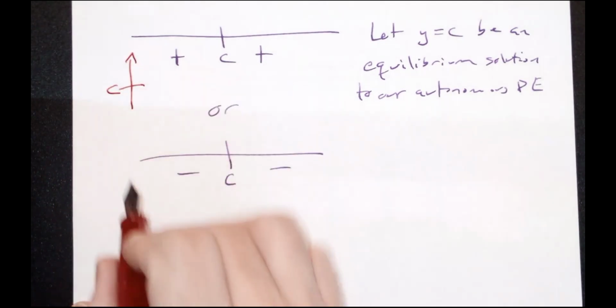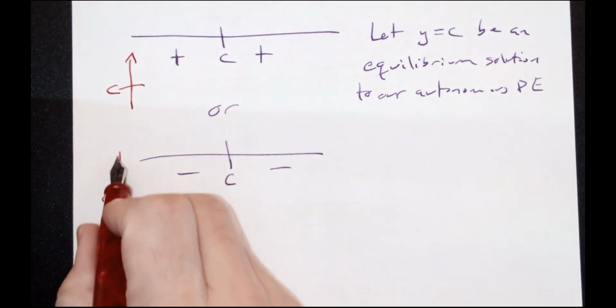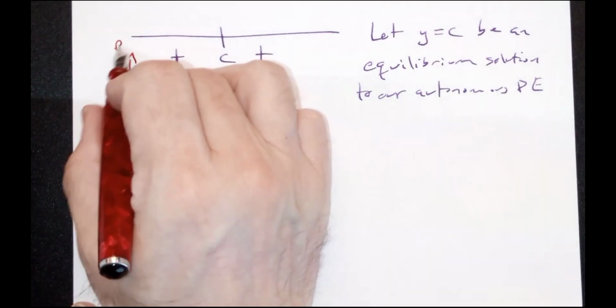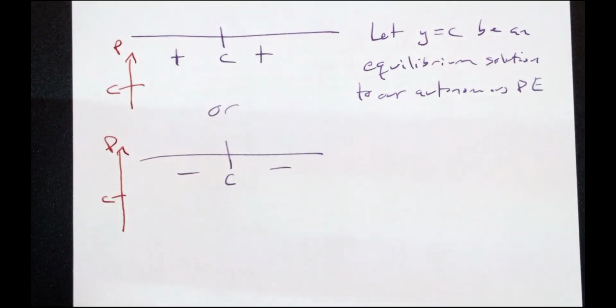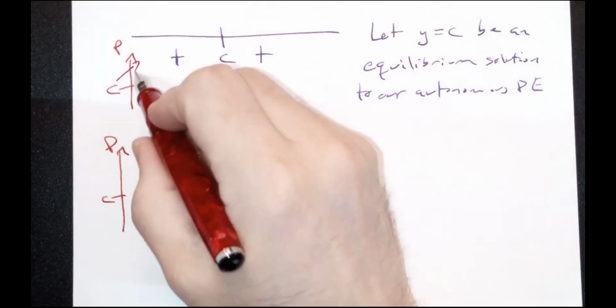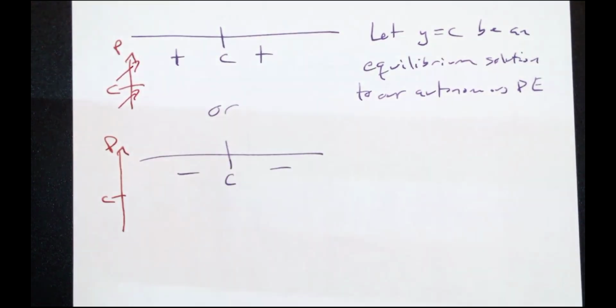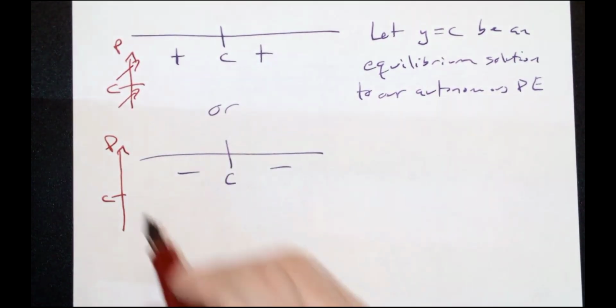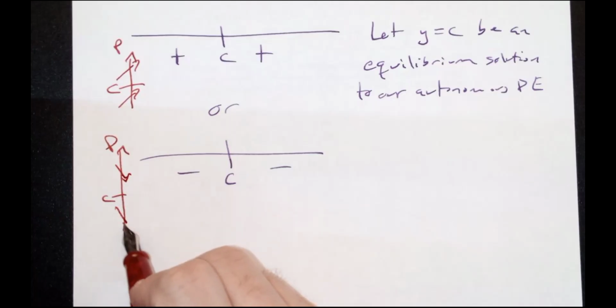C is on it. If I'm in that top case and we have plus on both sides, then the arrow should be going which way? Up, on both sides. And if we have a minus, we should have arrows going down on both sides.